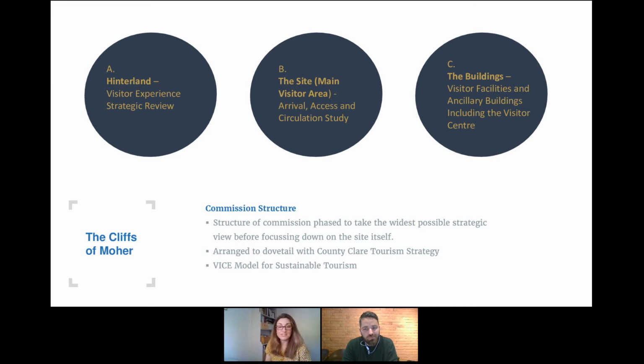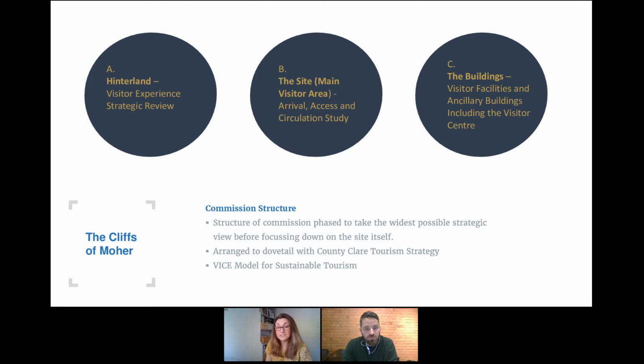It then focuses down on the site itself, arrival and access and circulation around the site, and then and only then does it start to tease out requirements for physical interventions, interpretive interventions on the site.